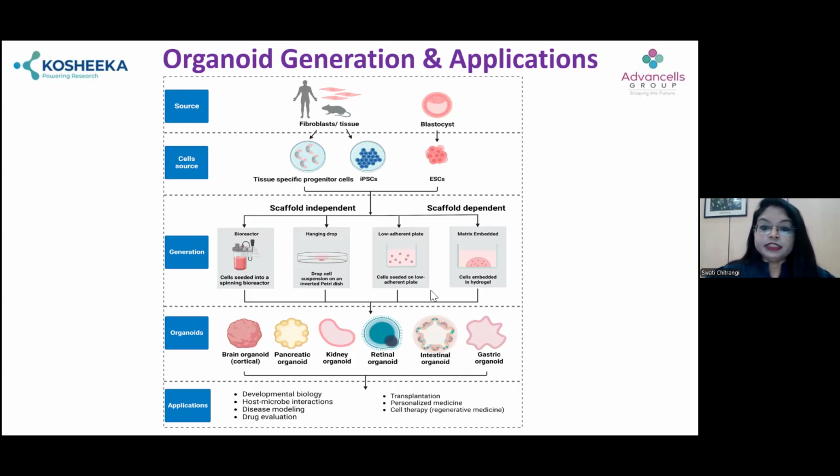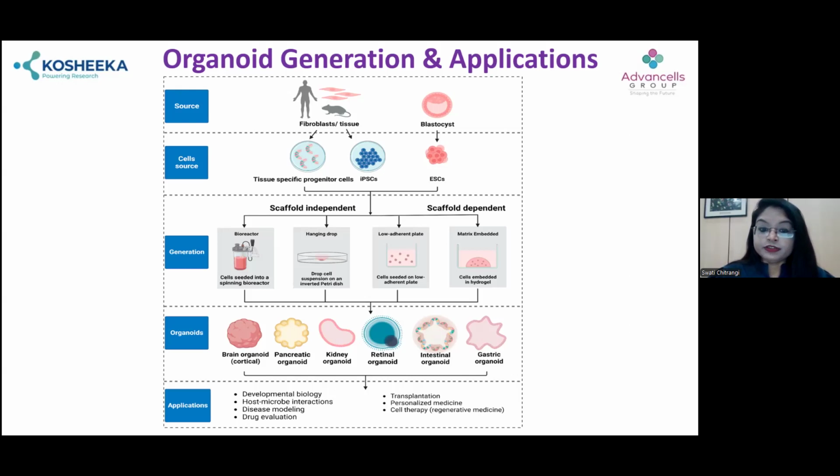Otherwise you can use low attachment plates and seed your cells. iPSC has a tendency to make a spheroid or organoid on its own if you culture those cells in a low adherent plate. And in the scaffold dependent method, you will mix the cells with hydrogel, Matrigel, or any kind of extracellular matrix, and you will support these cells with the scaffold, that is extracellular matrix.